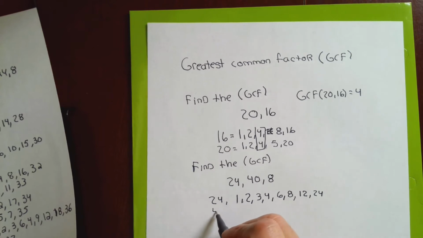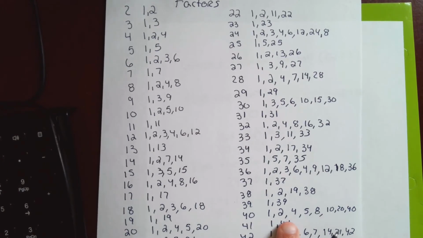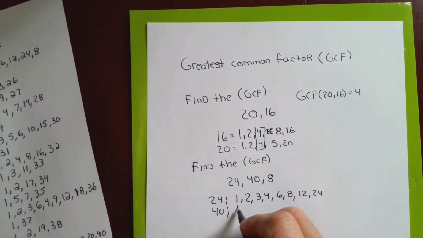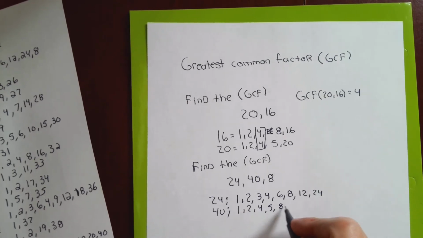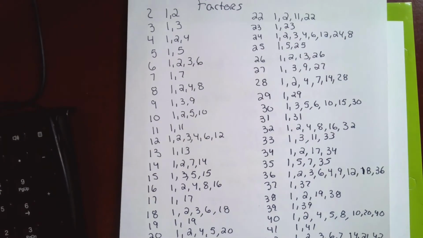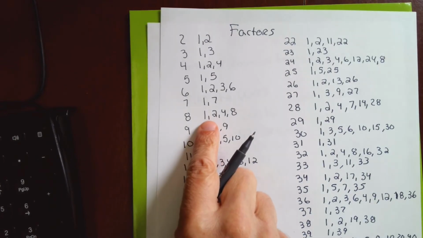Those are all the numbers that if you do 24 divided by that number, you won't get a fraction. If I look at the factors of 40, the factors of 40 are 1, 2, 4, 5, 8, 10, 20, and 40. And then lastly, the factors of 8 are 1, 2, 4, and 8.